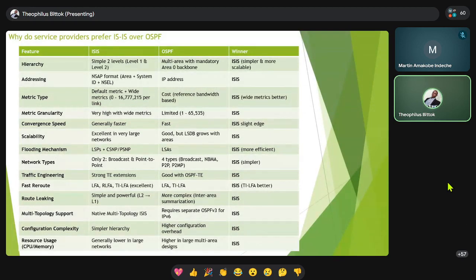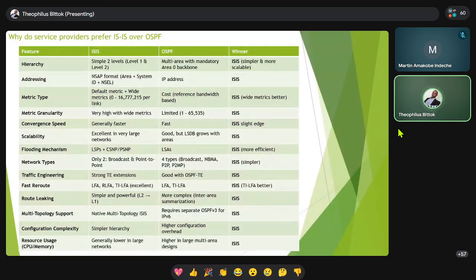You may decide, okay, I want to leak this and this and this specifically. So you may find the LSDB is smaller. For example, in your access area, maybe you have a router that is not really that powerful, then ISIS is going to be more efficient compared to OSPF.